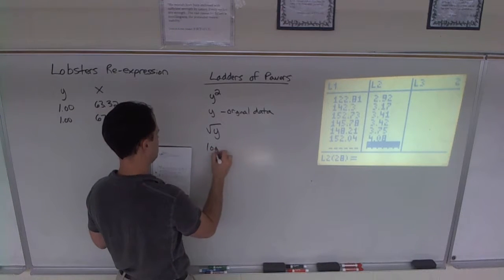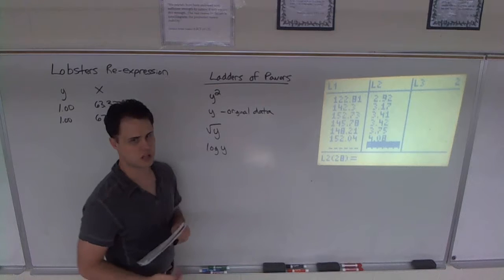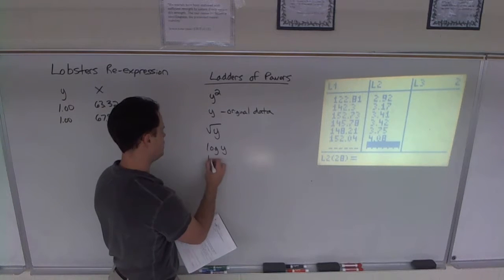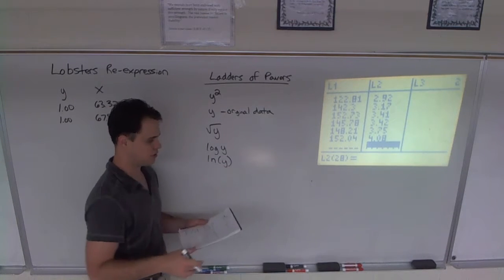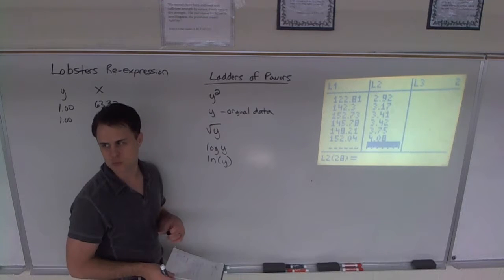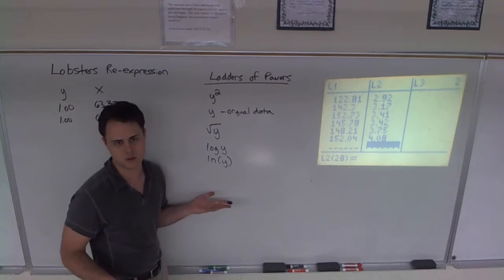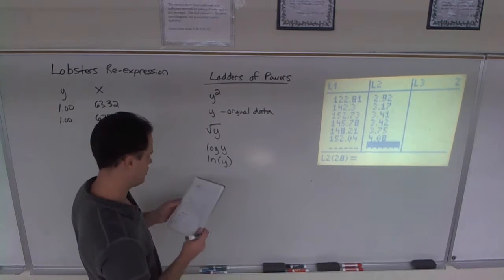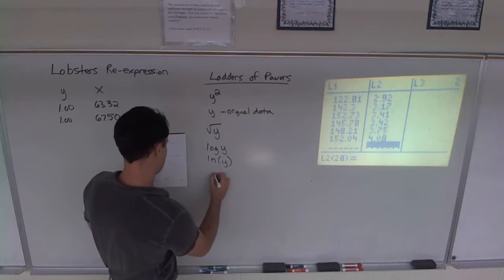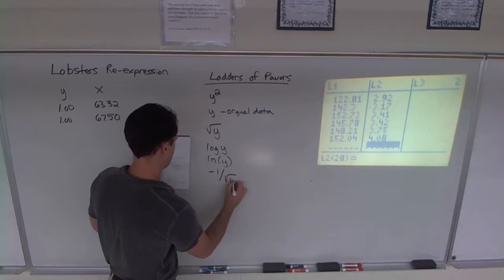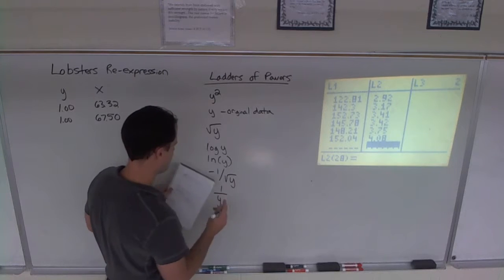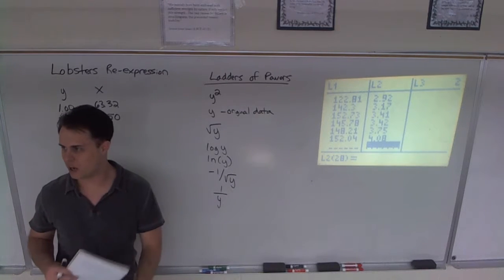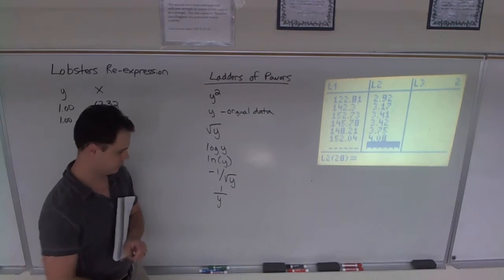You can take the logarithm. You can go logarithm base 10, you can go logarithm base e, whichever one you want to use. I don't think there's a big difference between whether to use 10 or natural log. They're both good. We're not trying to learn this to a mastery level at this point. But anyway, there's my ladder of possible re-expressions.